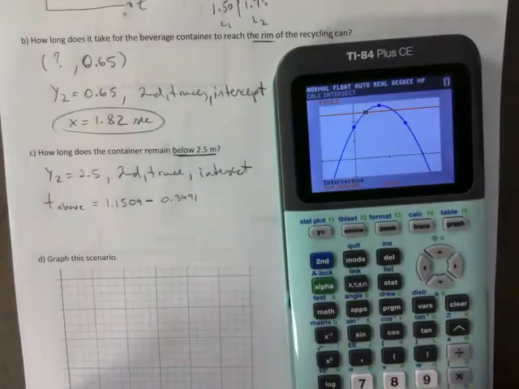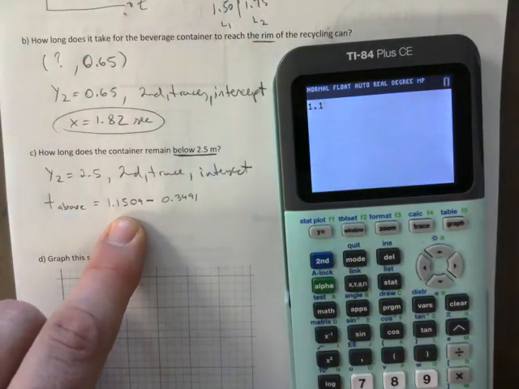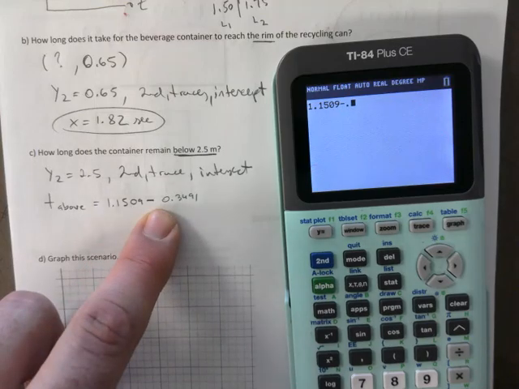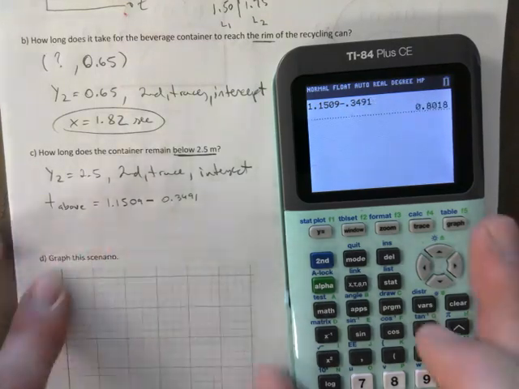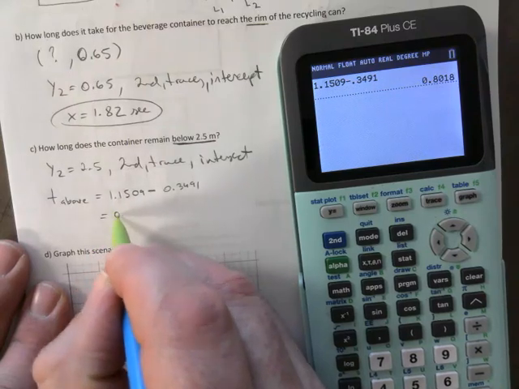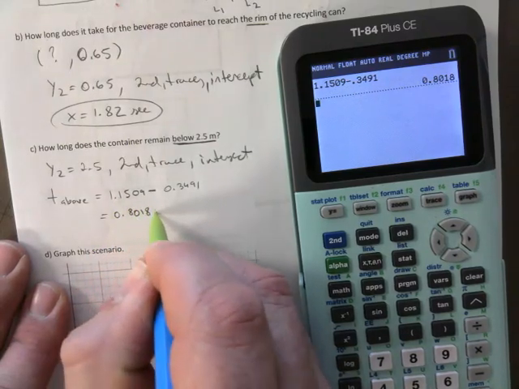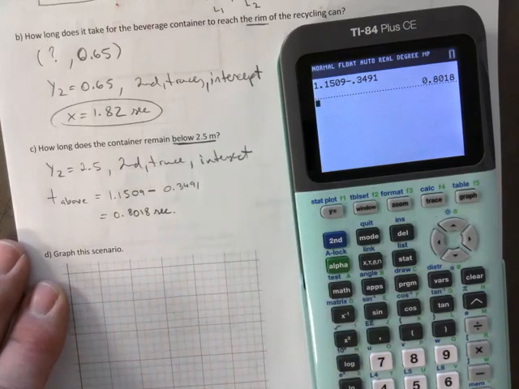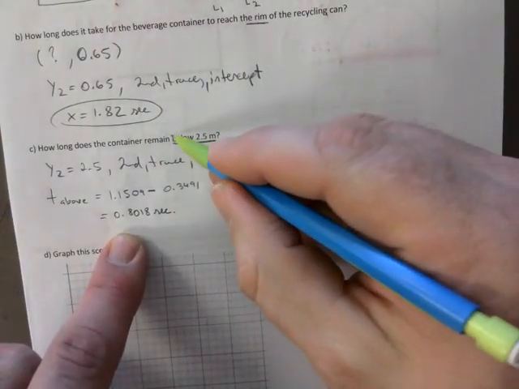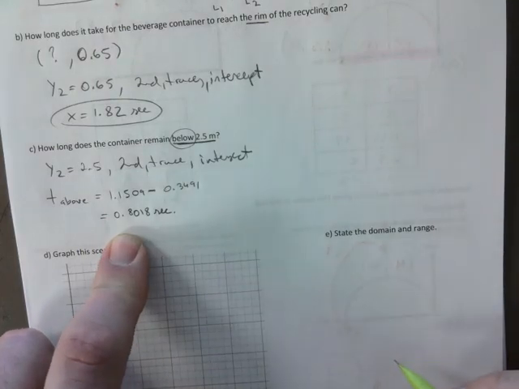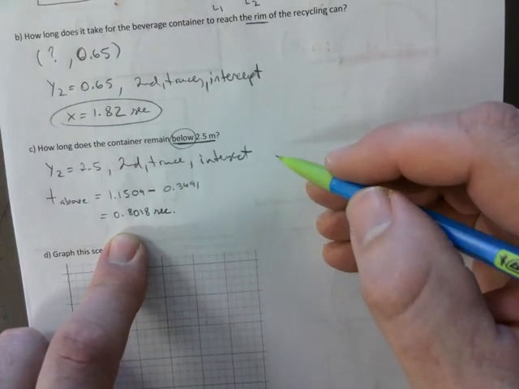When I subtract that, you get this, 0.8018 seconds. That's the time above. It wants below, correct? What's the total flying time?